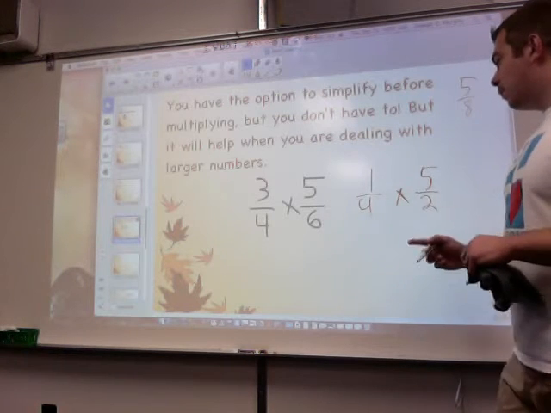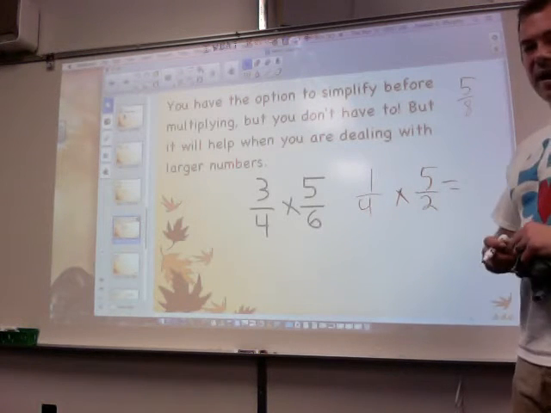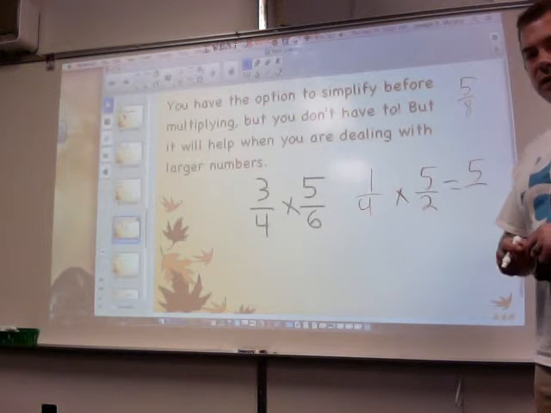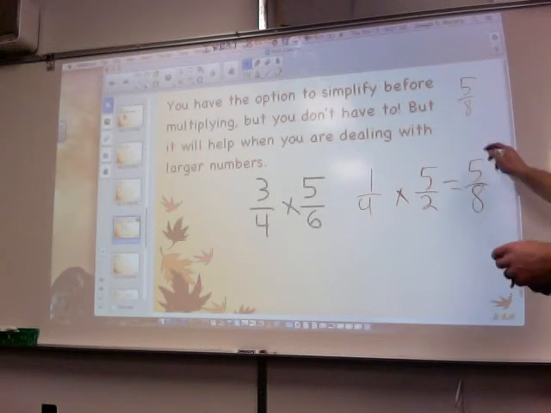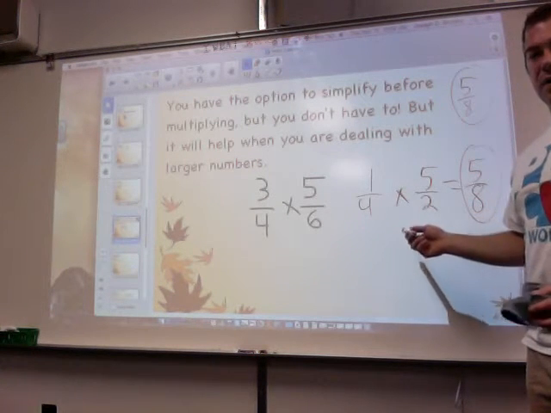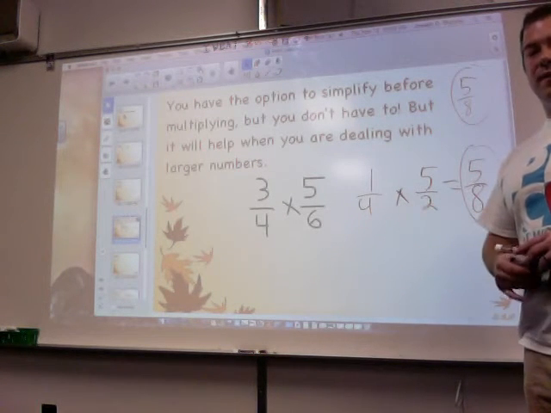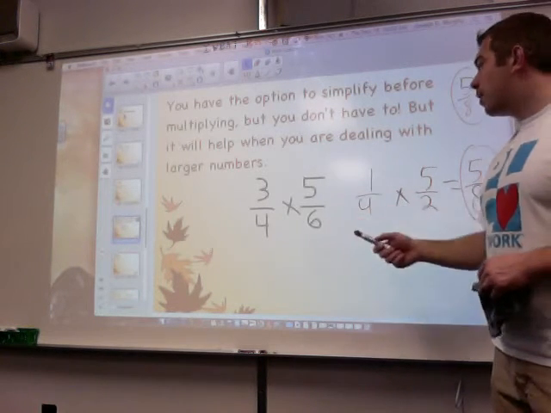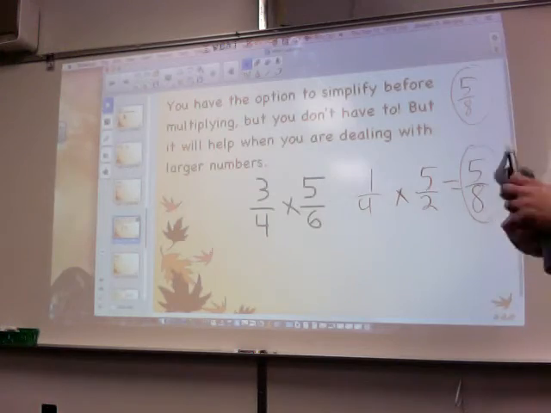Okay? When I multiply that out, 1 times 5 equals 5. And 4 times 2 equals 8. I get my same answer. Now you might say that took more time doing that way, but when you get larger, more difficult problems, it might make more sense to reduce or simplify before you move on to multiplying.